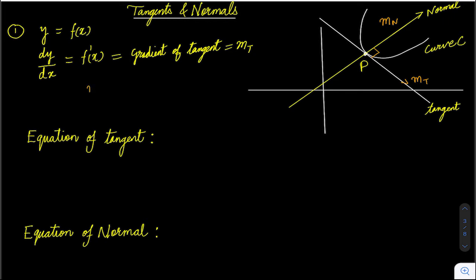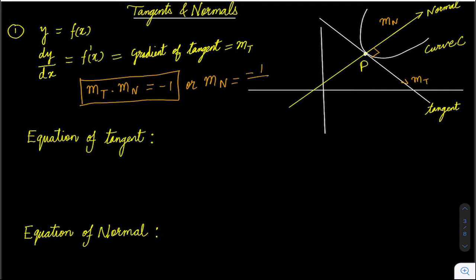Then the gradient of tangent times the gradient of normal should be equal to -1, as we studied earlier in straight lines. Or I can say the gradient of normal is nothing but -1 upon the gradient of tangent. That is the negative reciprocal. So that's the second thing that you need to understand.